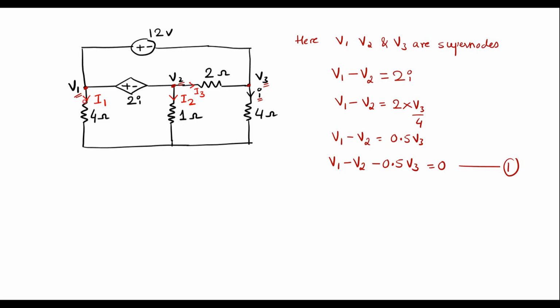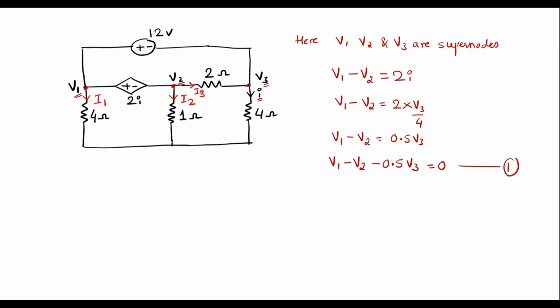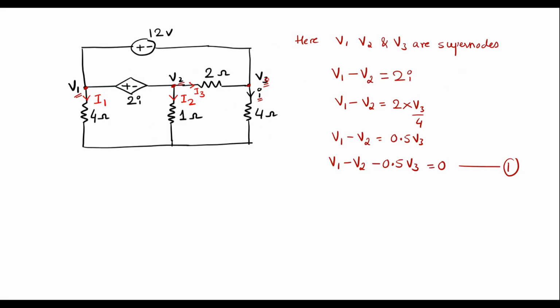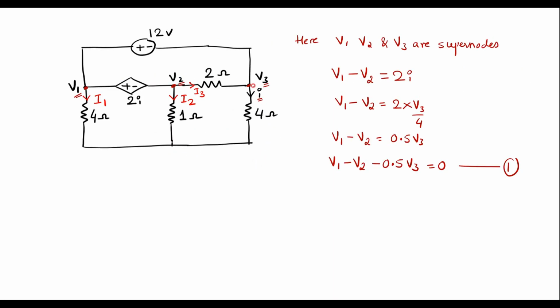Now let me identify the currents at particular nodes. At V1 we have current I1 outgoing. Let me take outgoing current as minus I1. Similarly at V2, I2 is outgoing and I3 is outgoing, so minus I2 and minus I3. At V3, current I3 is incoming and current I is outgoing.